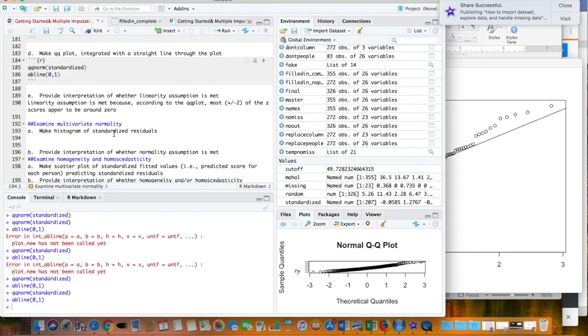Realistically, in practical terms, as long as your sample is fairly large, and the rule of thumb appears to be more than 30, normality really shouldn't be a huge concern.